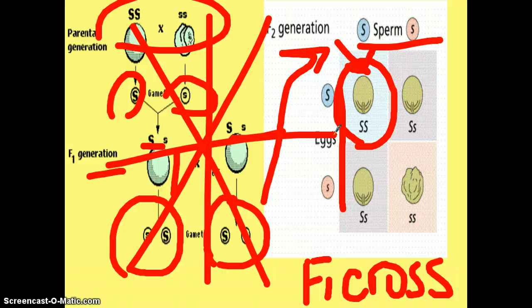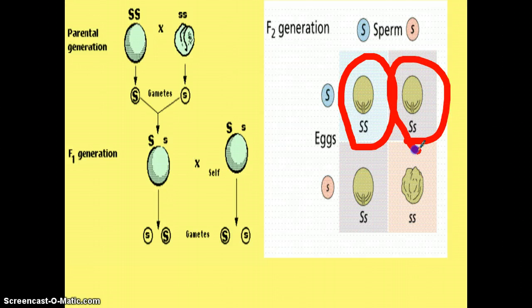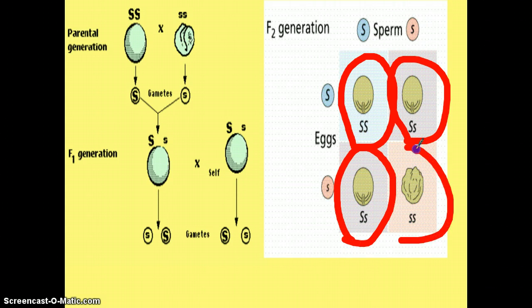Always. So you do not forget that. Okay? So the genotype of this offspring is capital S, capital S. What about this offspring? Uppercase, lowercase. This one is the same, and this one is lower, lower.